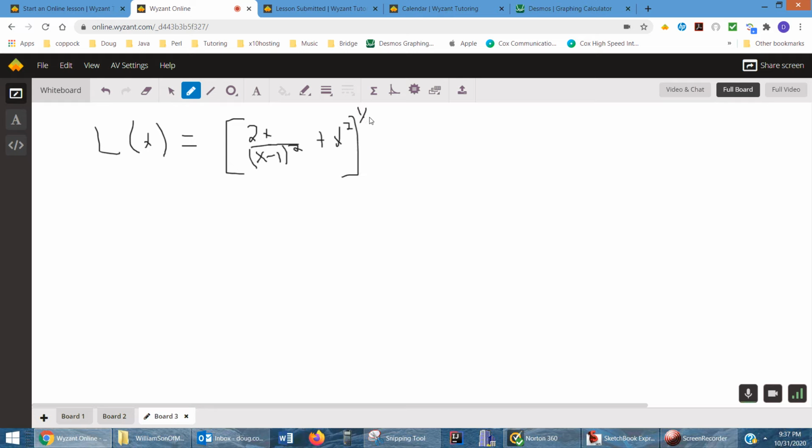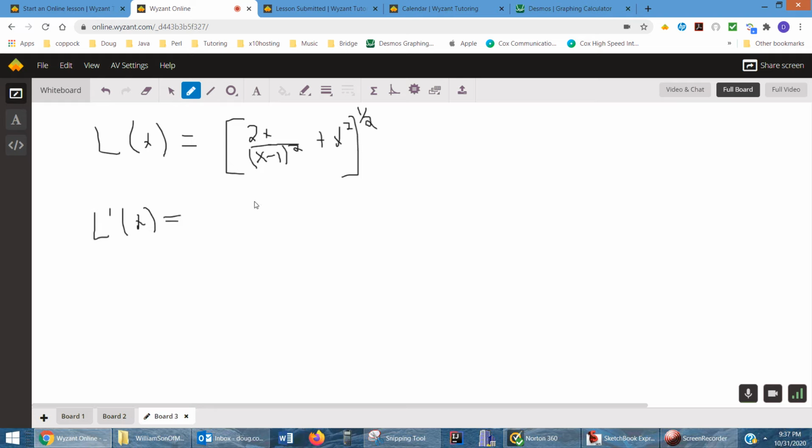That's the length of the hypotenuse function in terms of x. And we want to find out when that's a minimum. So we have to find the derivative. Well, this is going to get ugly. I mean really ugly.